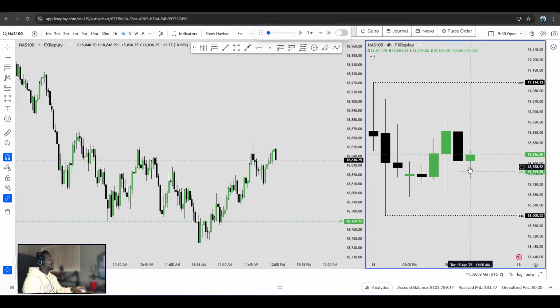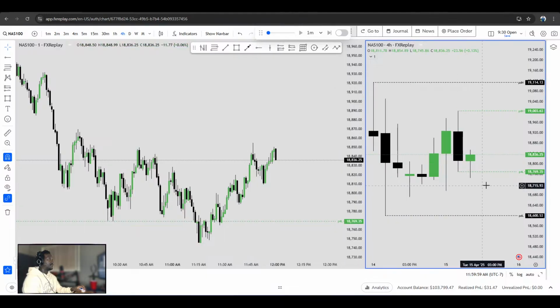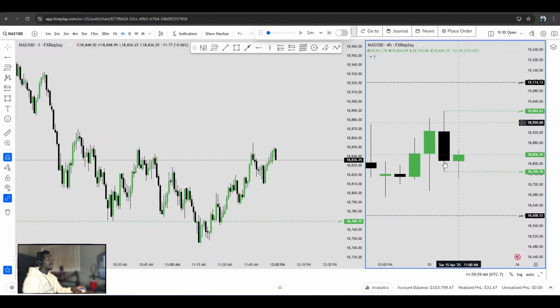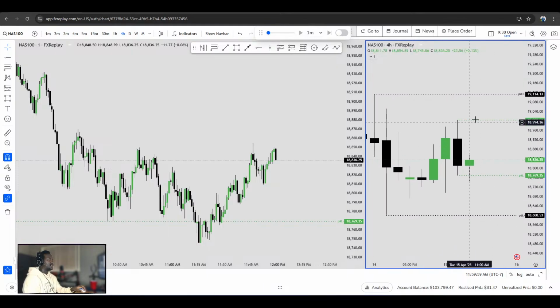Pretty much we can now expect the market to shoot up to this level. We'll see if that's what's gonna happen. So our main aim in this case is that previous 4-hour high. If I still don't see my entry, I'm not gonna take it, but that's something I want to start watching, because I'm thinking this is where we're coming.